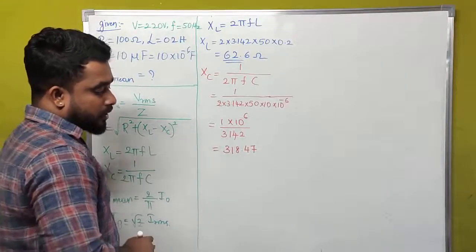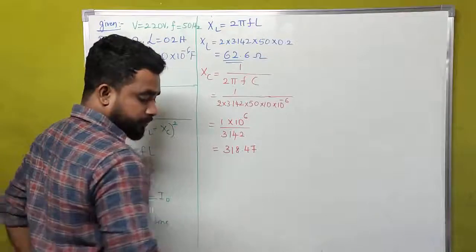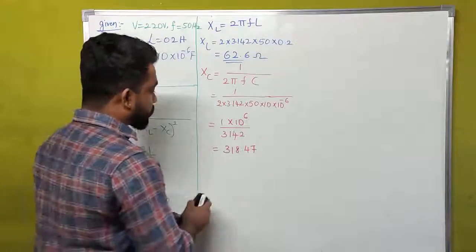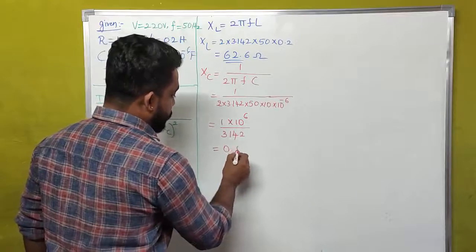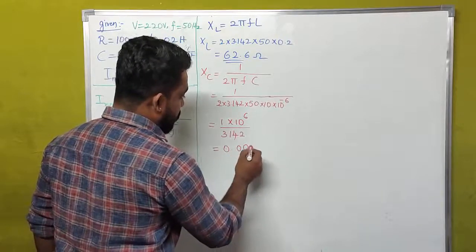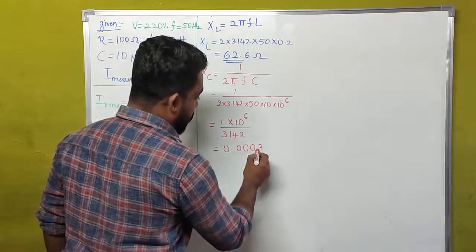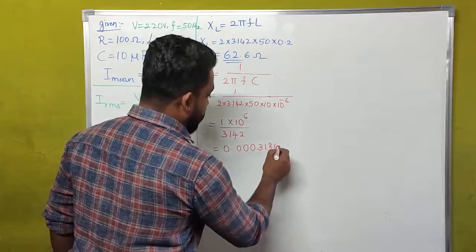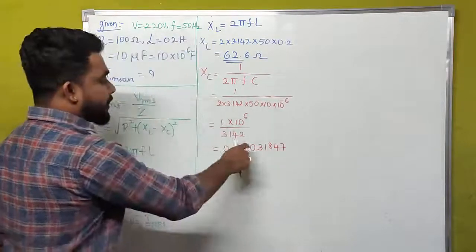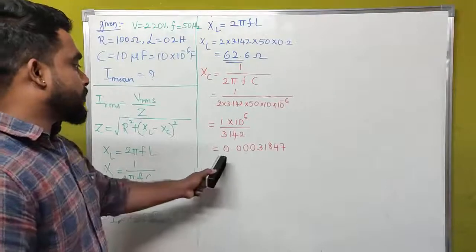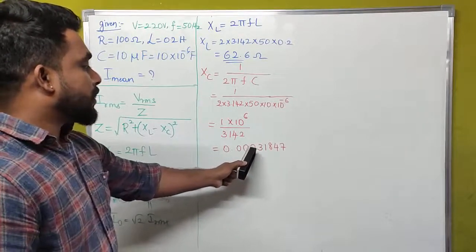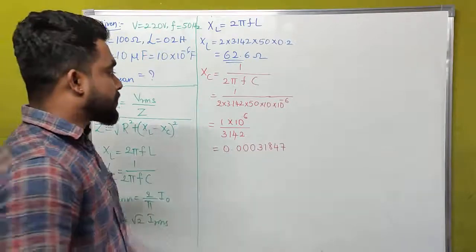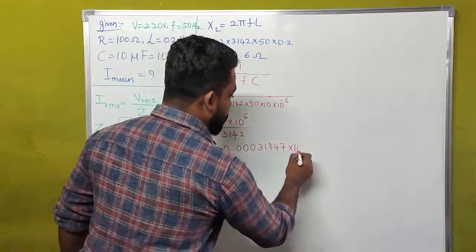That means this is 0.000031847. 1 divided by 3142 is equal to 0.000318.47 into 10 to the power of plus 6.